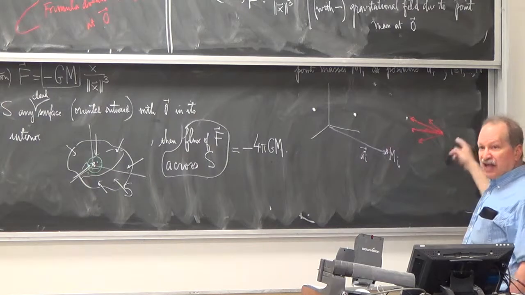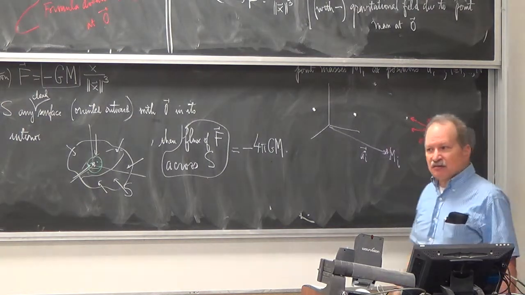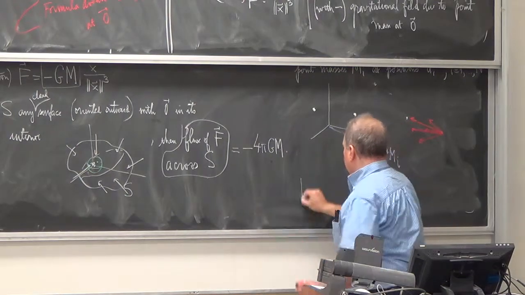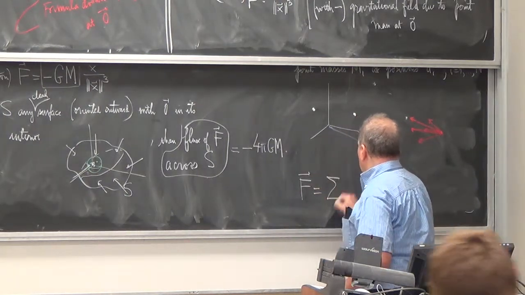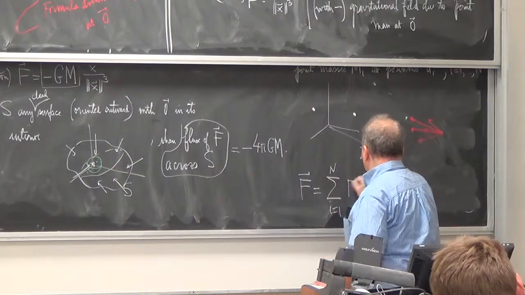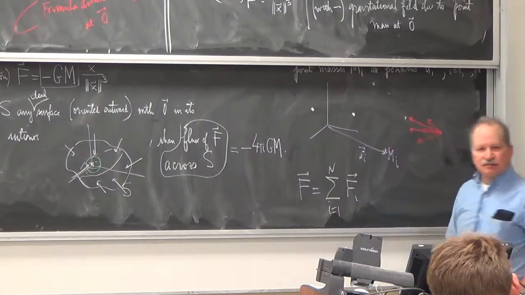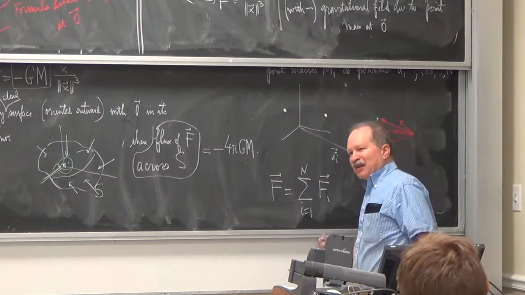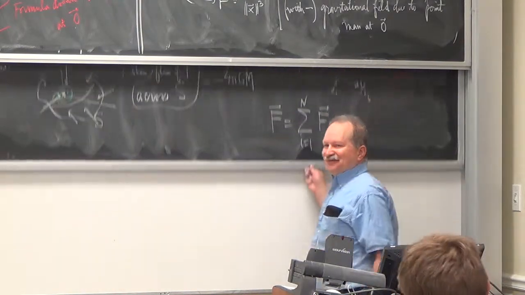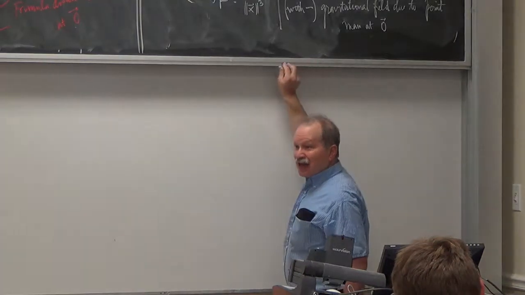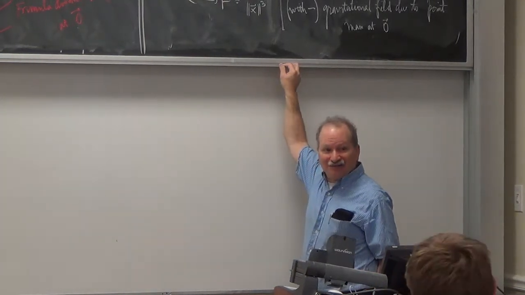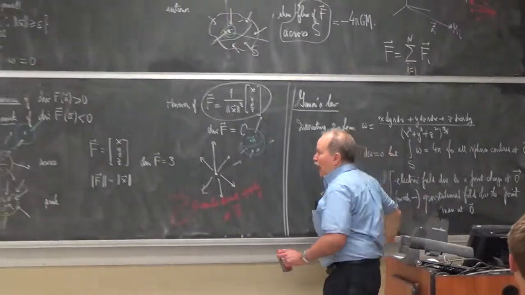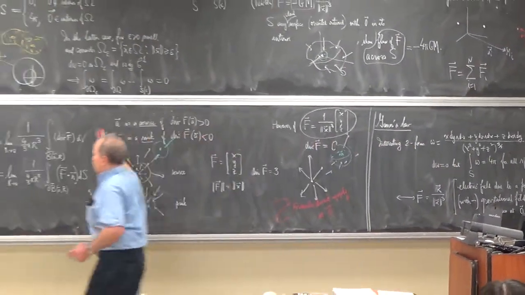What's the net force acting on my test mass? It's just the sum of the various forces. So the net force is the sum of the forces due to each of the masses. Well, you know what I'm going to ask, don't you? Take any region in R3 and take its boundary. Take a region whose boundary does not go through any of those masses.